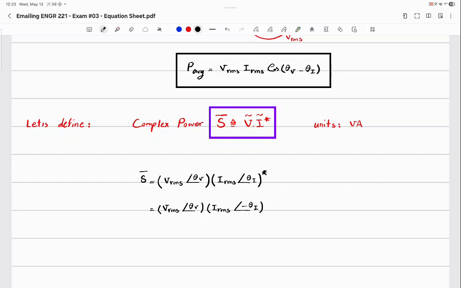You multiply the magnitudes and you add the angles. Okay, I have a new equation for complex power.